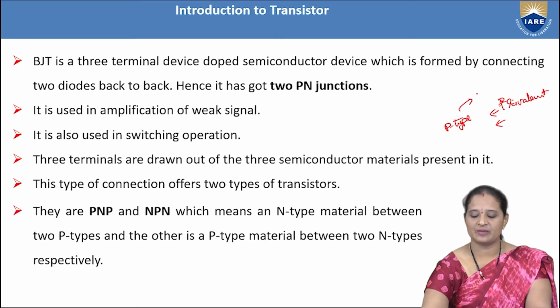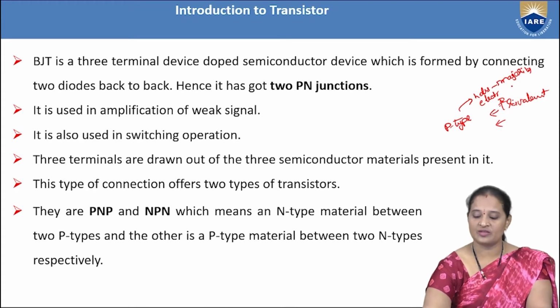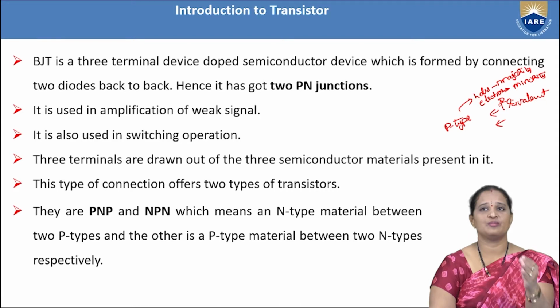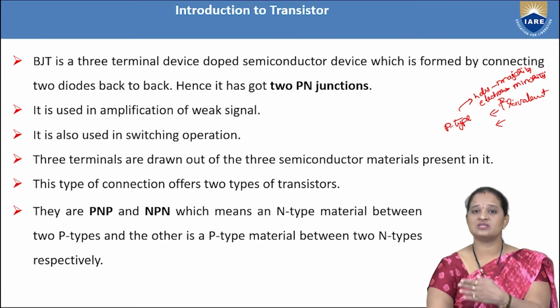In P-type semiconductor, holes are the majority charge carriers and electrons are the minority charge carriers. I hope you all know this, I am just recalling the concept. What do you mean by majority and minority? Majority means more in number, minority means less in number.